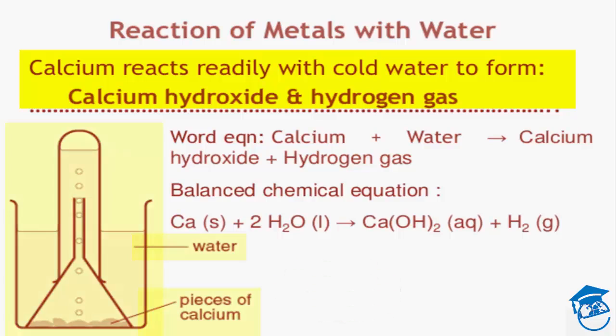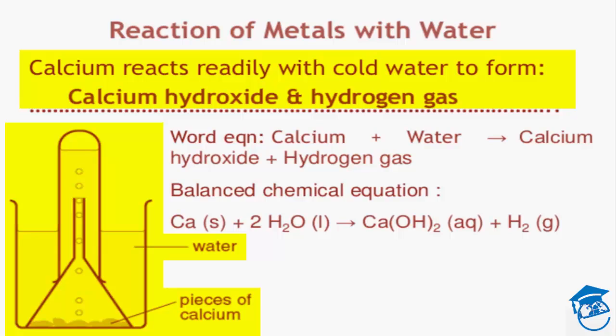Friends, you can see here the picture of the experiment. This is the apparatus which we will use in this experiment. Here we'll collect all the hydrogen gas produced in this experiment. These are the bubbles which indicate that hydrogen gas is generated.